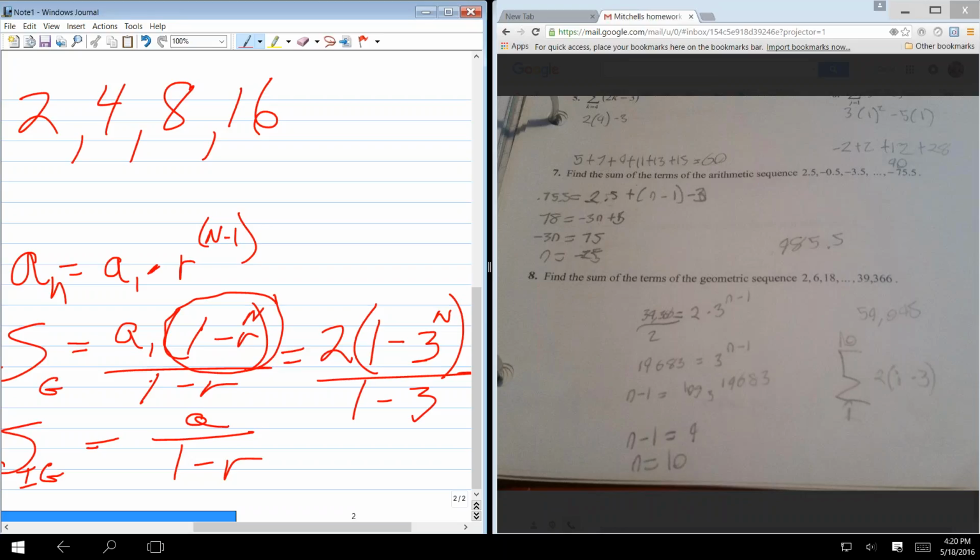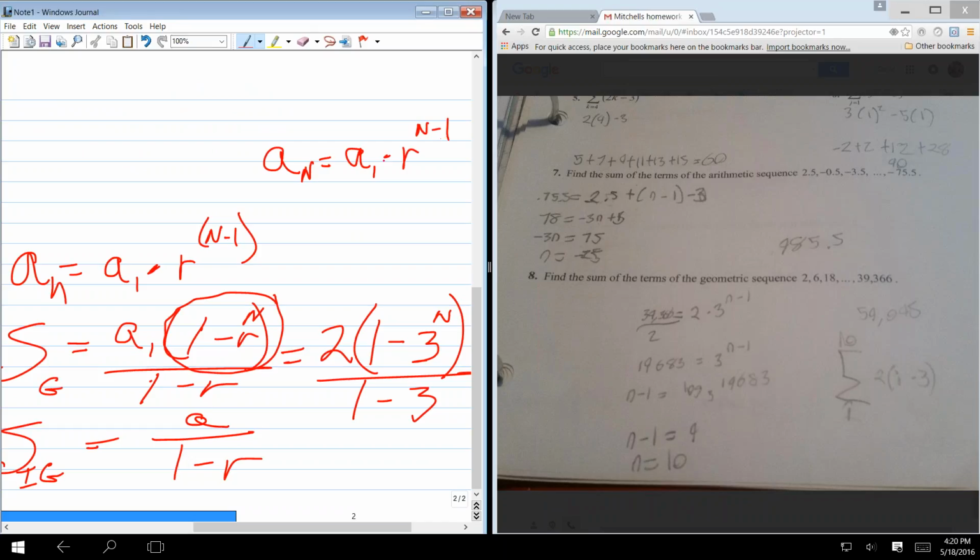Still don't get why, as n goes to infinity, that whole thing inside the parentheses disappears. All right, a sub n, what's the explicit definition of the nth term of a geometric series? A sub 1 times r to the n minus 1.